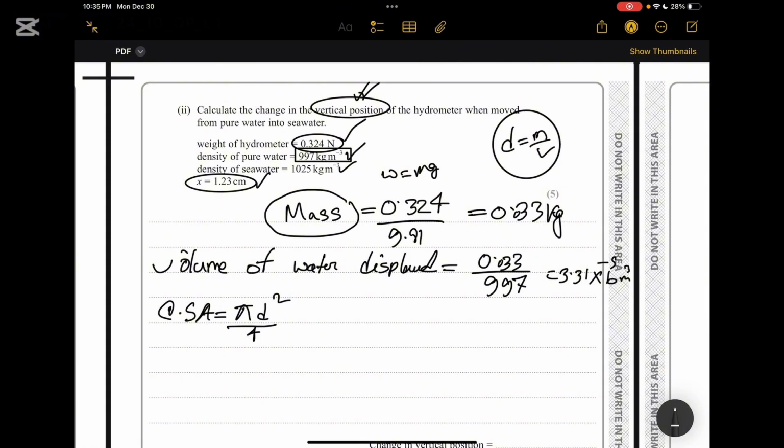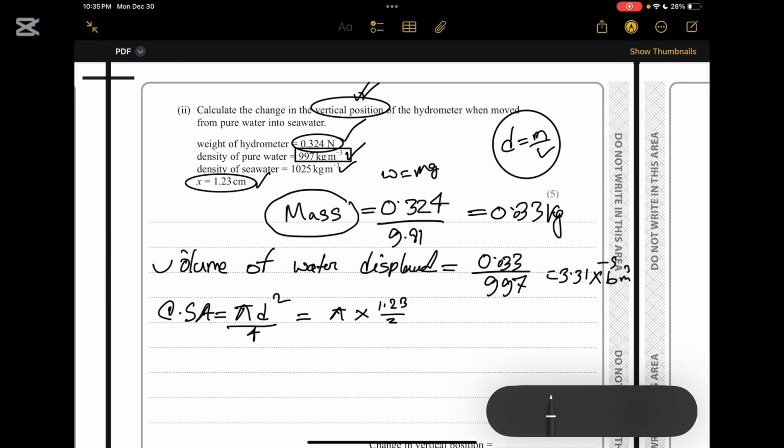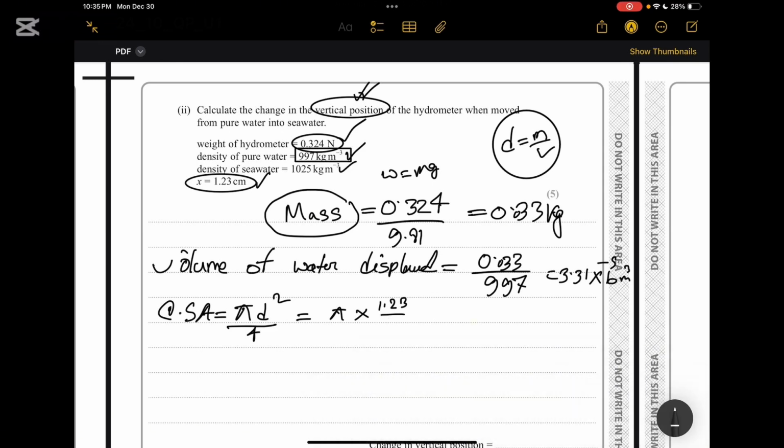So here, pi into 1.23 divided by 100, as it is in centimeters and we have to convert it into meters, squared, divided by 4, which comes as 1.882 times 10 to the power minus 4 meter squared. So we have successfully figured out the cross-sectional area.